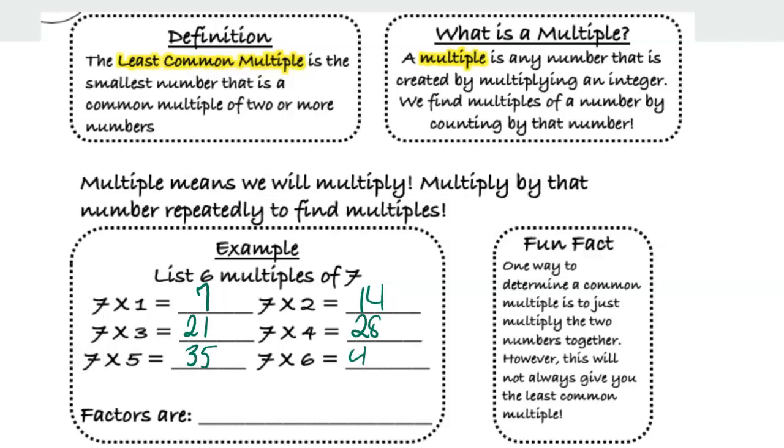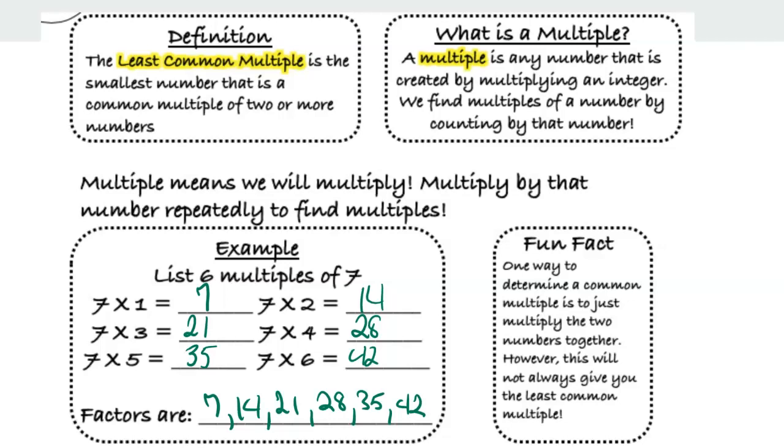And 7 times 6, 42. If you're unsure, you can just add 7 to the previous number to get the next multiple. So our first 6 multiples of 7 are 7, 14, 21, 28, 35, and 42.